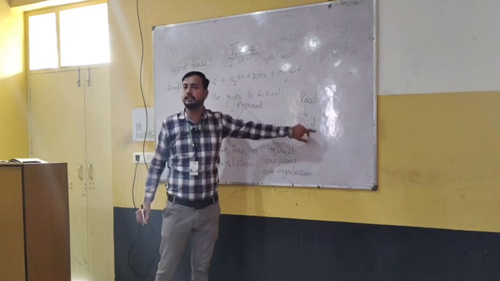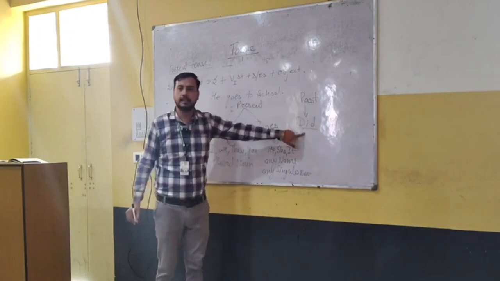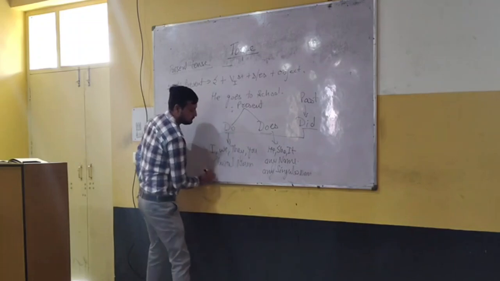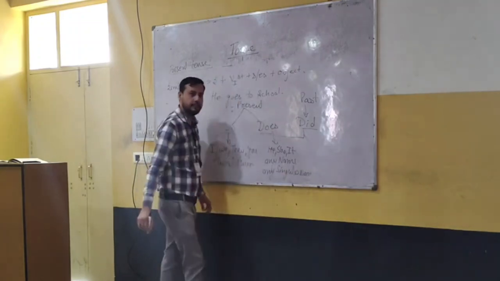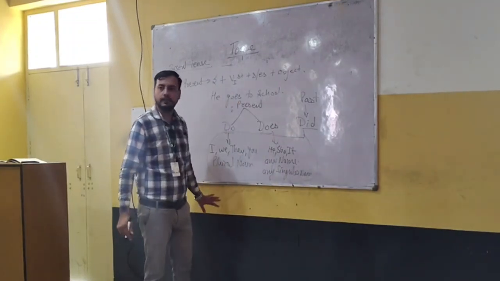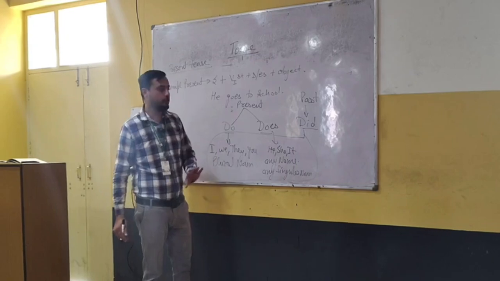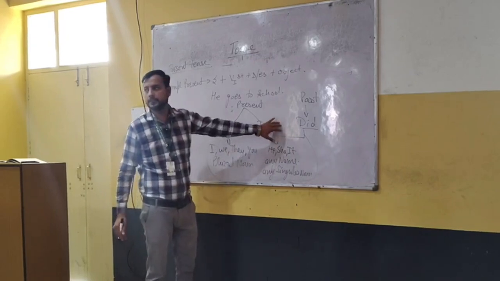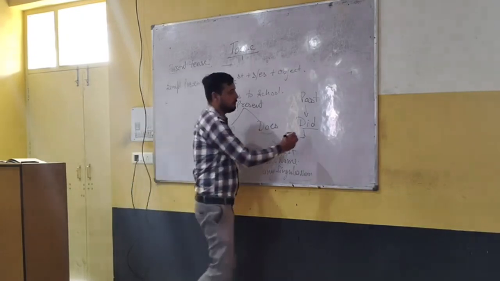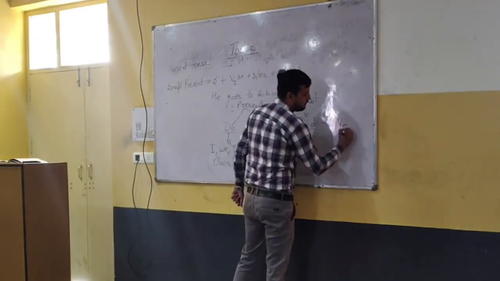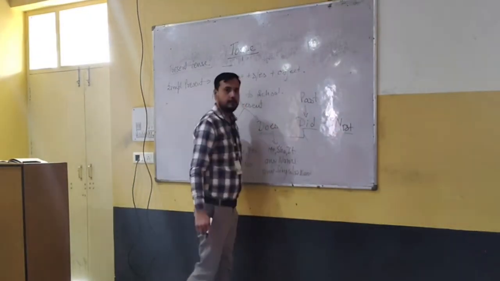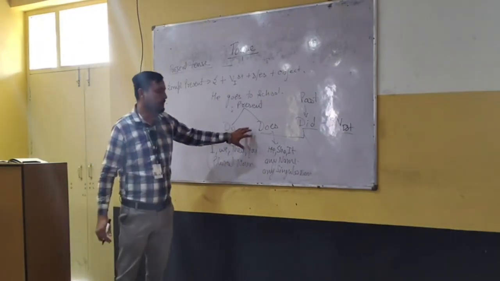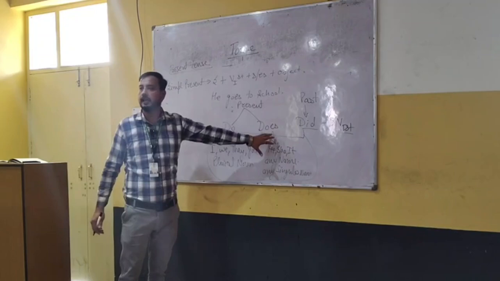We use did in the past, and did associates with all of them. Clear? In the past we can use did with all of them. Clear? And remember one thing, with do, does, did, which form must be associated? Verb's first form. Clear? Remember, always the verb's first form will be associated with do, does, and did.